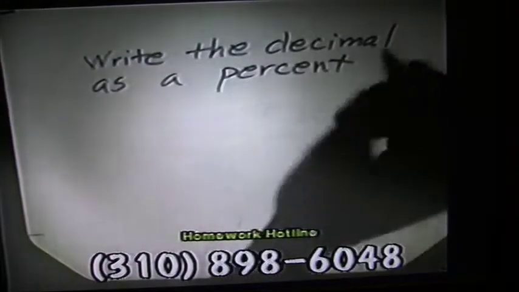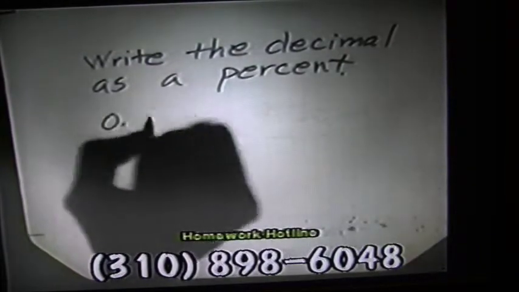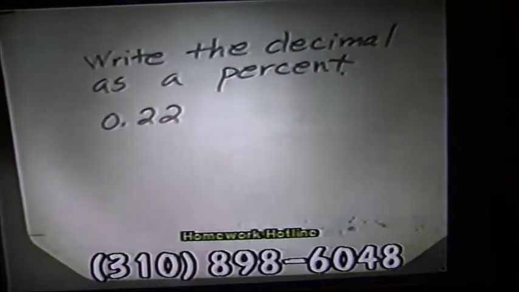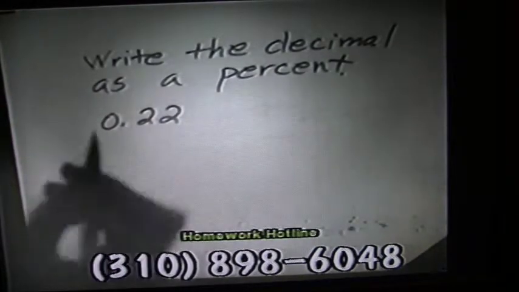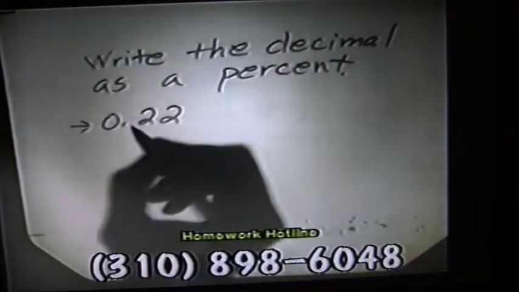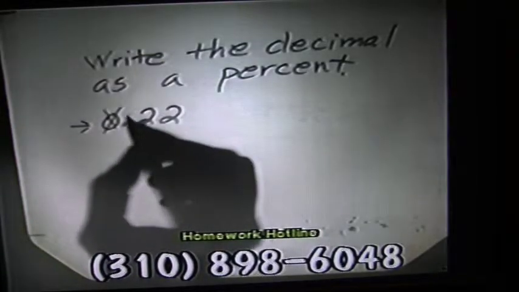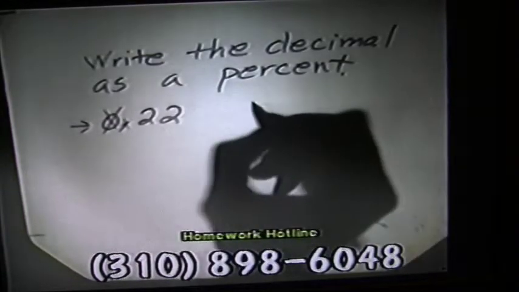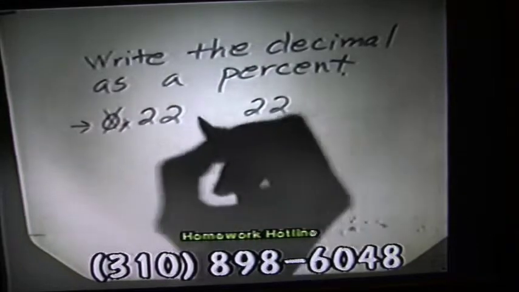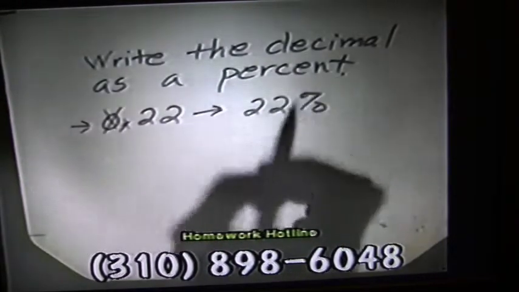We're given the number 0.22. The only thing you do is remove the 0, remove the decimal point, and write 22. And it's set for percent, so write your percent sign.